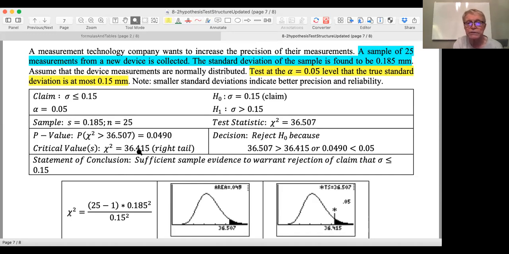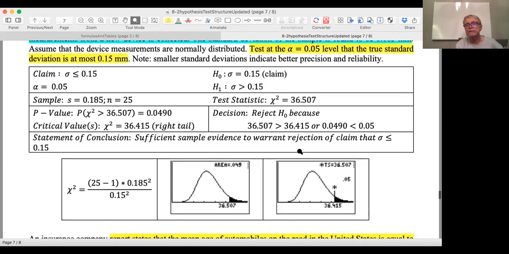We would plot the test statistic, and we would see that the test statistic is just slightly bigger than the critical value, and we would reject H0 because, actually, we would say that the critical value is less than the test statistic, but that's the same as saying that the test statistic is greater than the critical value. Either one of those is going to be good, but the relative positions have to be indicated in this inequality right here.